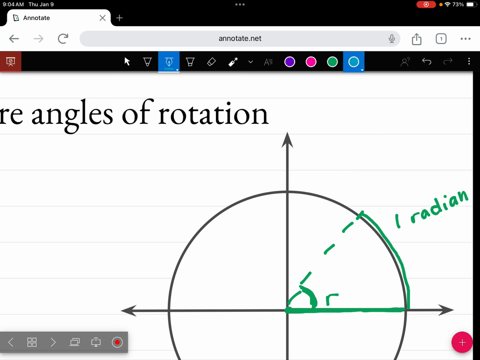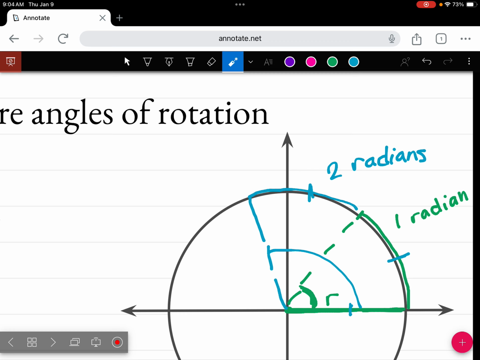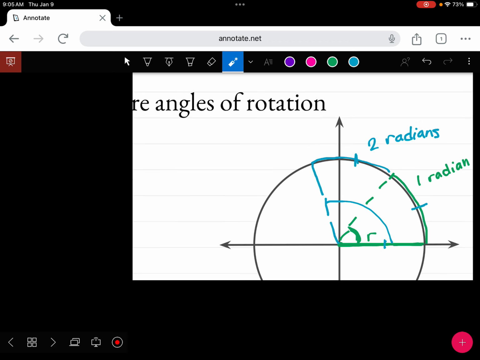If I measure 2 radiuses, so that same R, and we go again that same amount of length, this length was the same length as this length, which is the same length as this length. This angle is 2 radians, because it's relating this measurement here to the length of the radius.